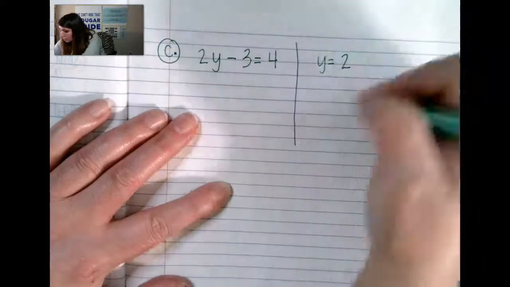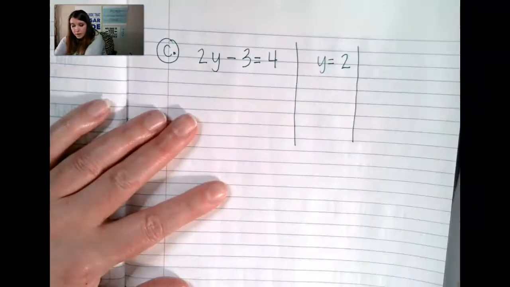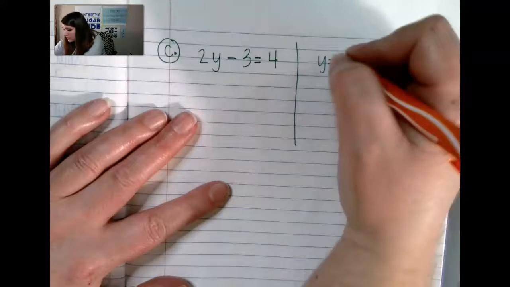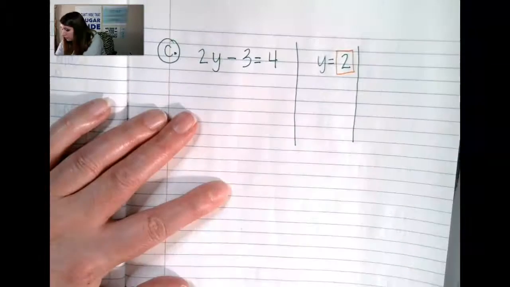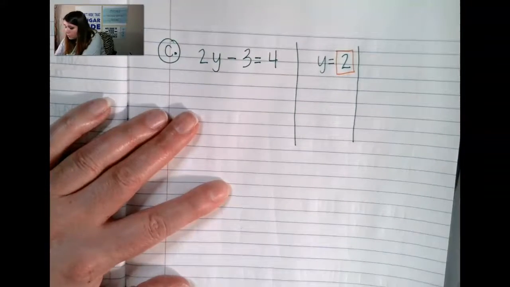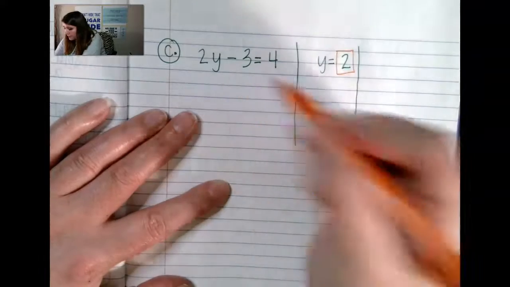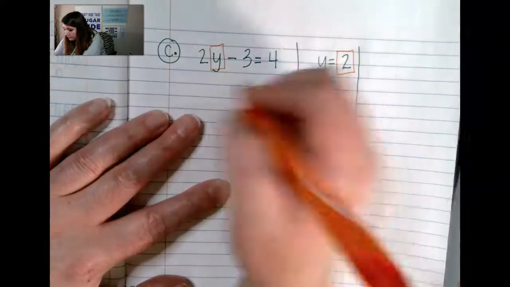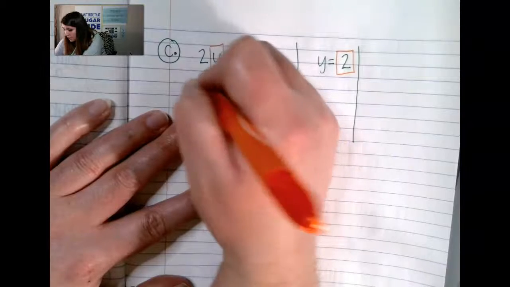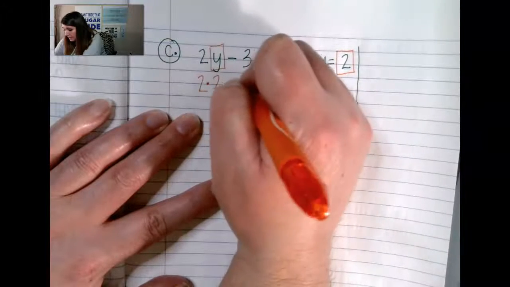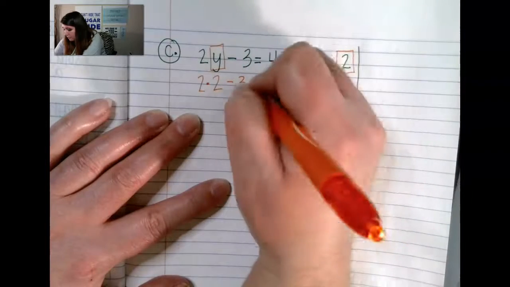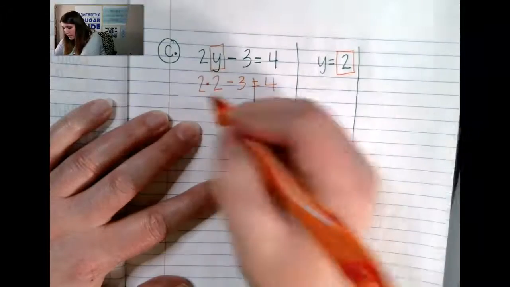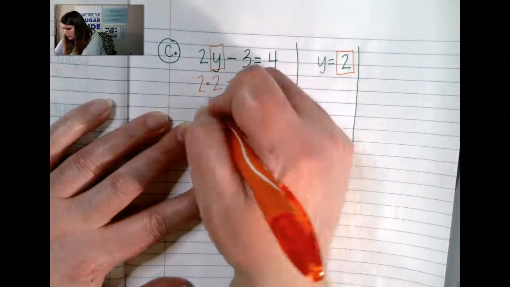Is this true or false? Our job is going to be now to take this 2 and put it in the equation where there is a y. And so this is saying 2 times 2 minus 3 equals 4. All right, 2 times 2 is 4.